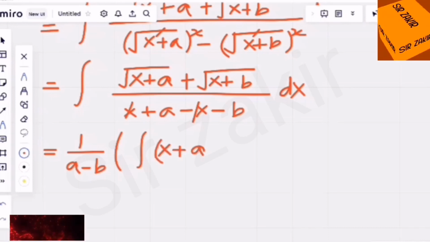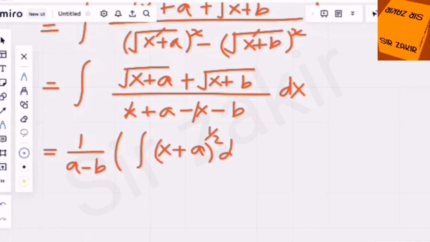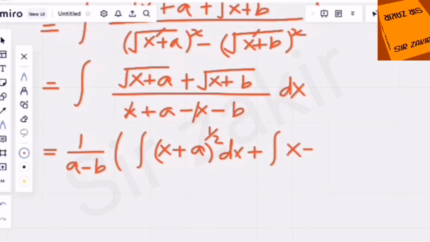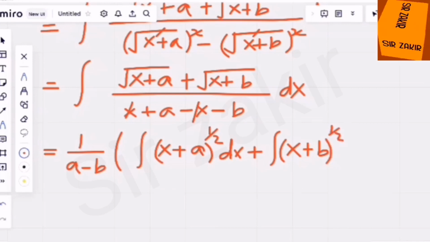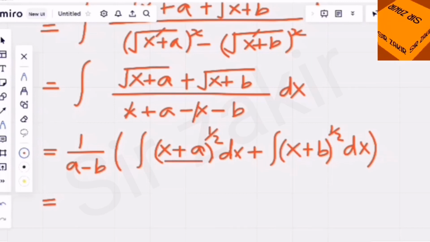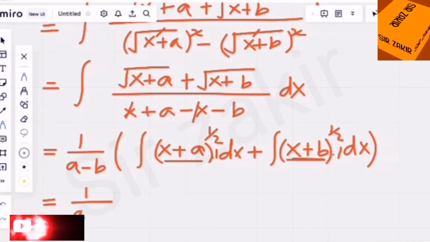Integration of the square root of x plus a can be written as x plus a power 1 by 2 dx, and integration of x plus b power 1 by 2 dx. Then we know that x plus a is a function and its derivative, 1, can be considered as a product with it. Likewise, x plus b is a function and its derivative 1 is with it.